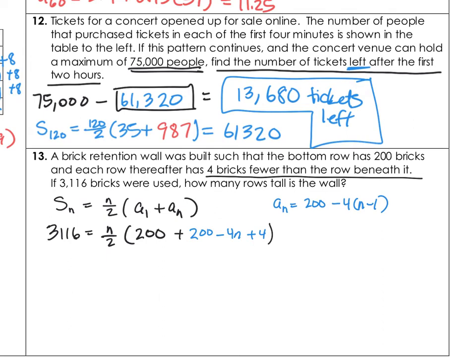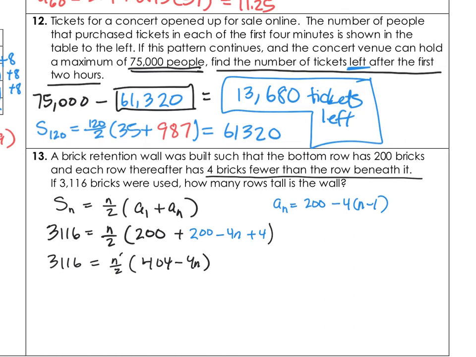Let's see, what are we going to do first? I can add those things together. So 3,116 is equal to n over 2 times, this would be 400 plus 4, so 404 minus 4n.